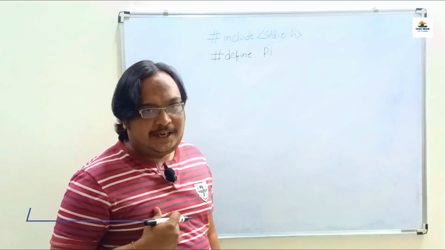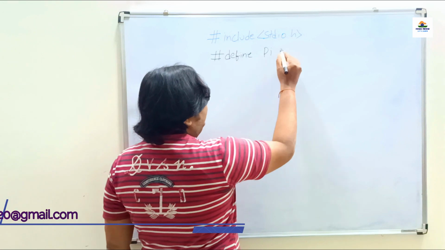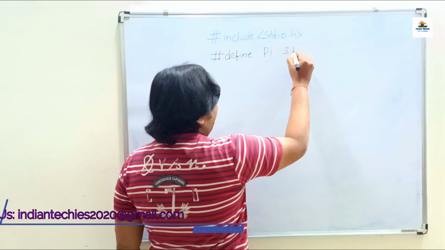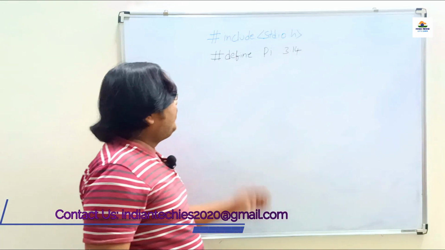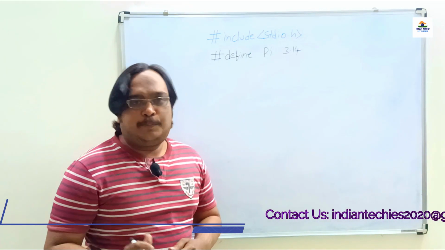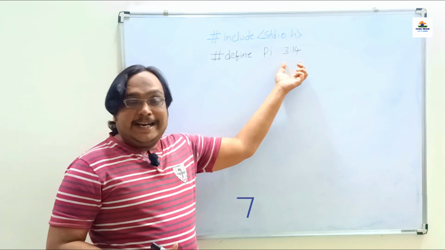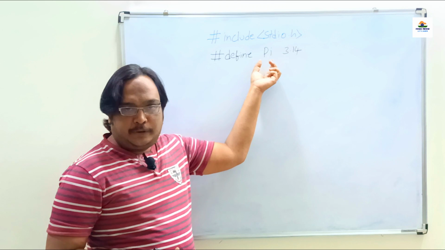That is my wish, I can keep any name that I want. So what is the original meaning of pi? That is, space 3.14. Whenever I define like this, throughout the program, wherever you want to use 3.14, it can be written as pi.